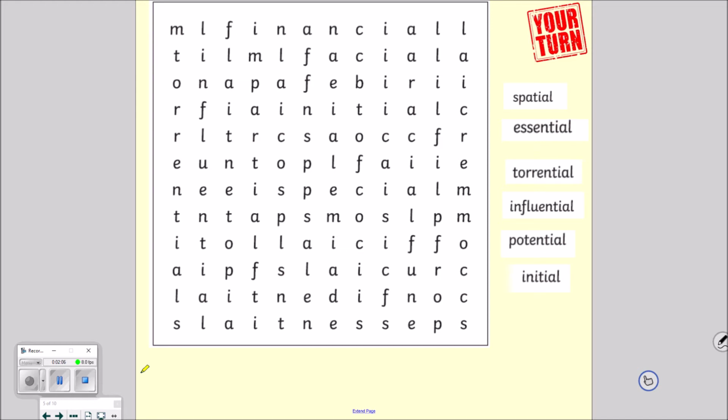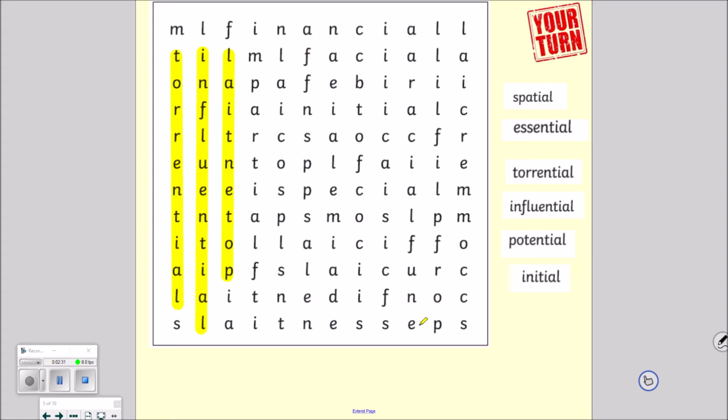Right, let's see if you spotted these words. Okay, well you might have noticed that the word torrential was written down here, and next to it, the word influential. And next to that, but going in the opposite direction, potential.